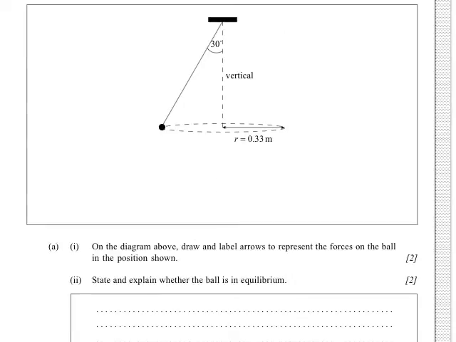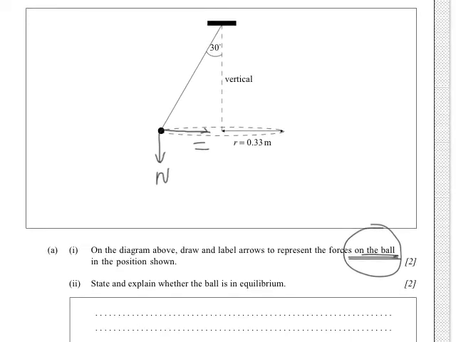Now the first question is to draw and label the arrows to represent the forces on the ball. So in effect you are drawing a free body diagram for the forces on the ball. So on the ball we have the weight down. It's moving in a circular path, and remember, if something's moving in a circular path, there is a force there.